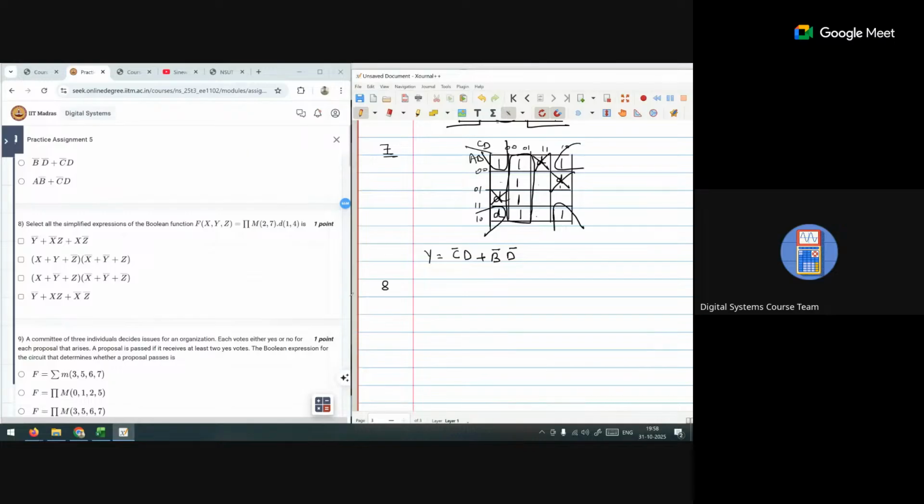The question number 8. So 3 variables: X, Y, Z, 0, 0, 0, 1, 1, 1, 0, 0 and 1. Only 2.